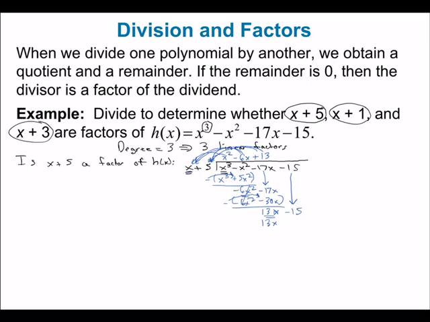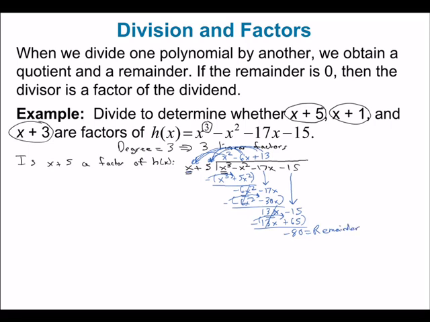What's 13 times 5? That's 65. And then we subtract to see what's left. So those cancel. And then negative 15 minus 65 would be a negative 80. Now negative 80 is my remainder.